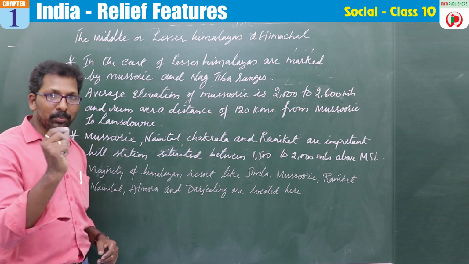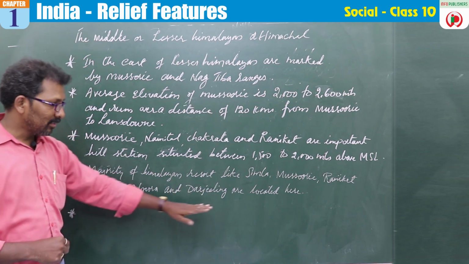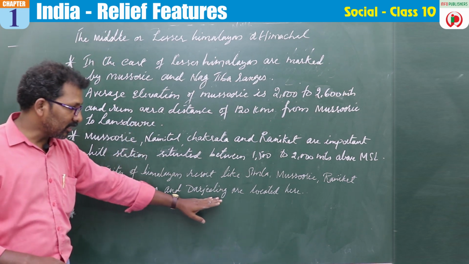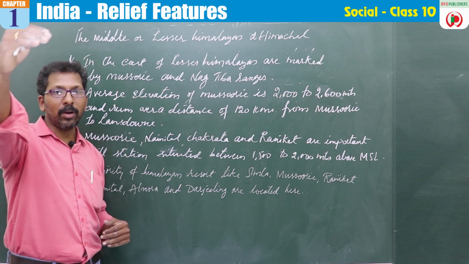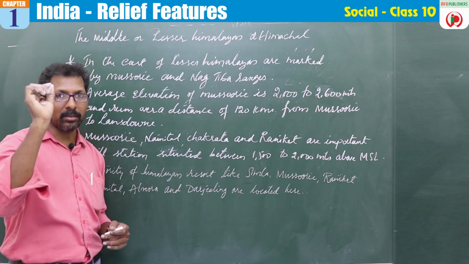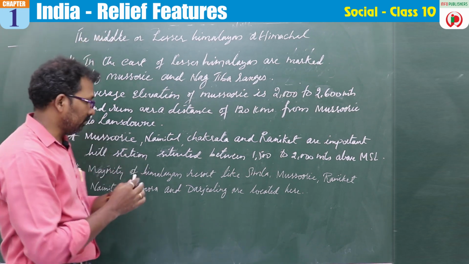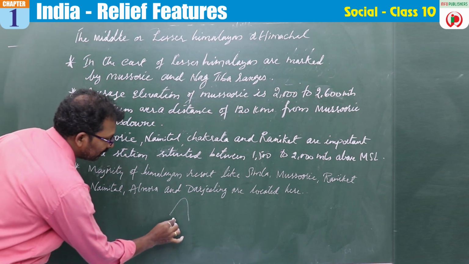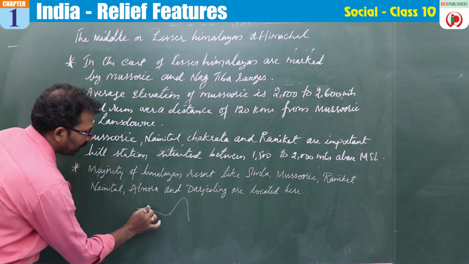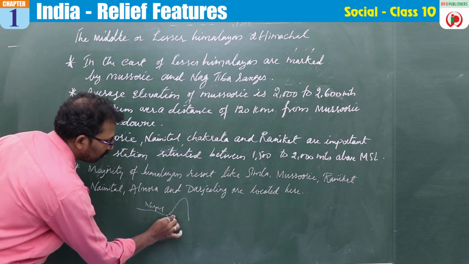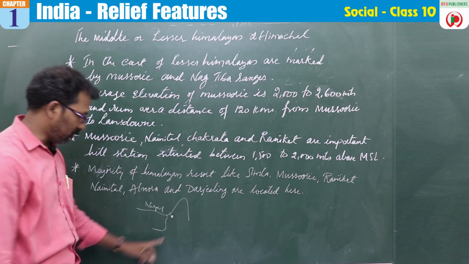present, which is also in the Himalayas, but Darjeeling is not present in Kashmir, my dear children. Darjeeling is present in the northernmost part of West Bengal. If you take the map, this is Sikkim, here is Nepal, here is Bihar, and here you find Darjeeling.